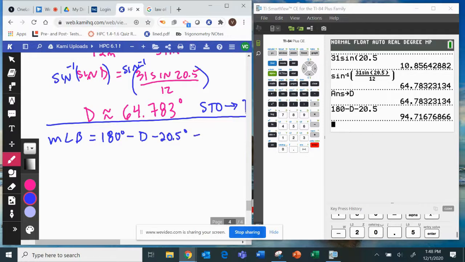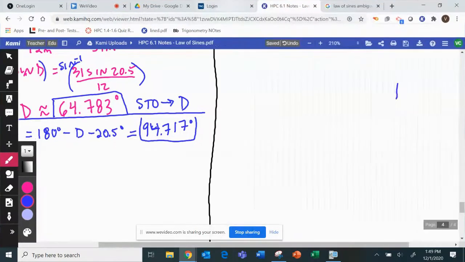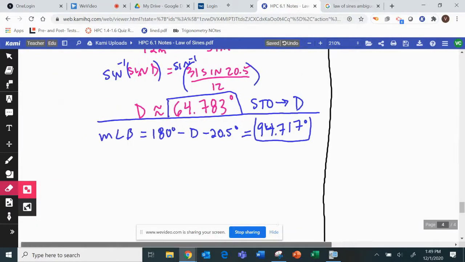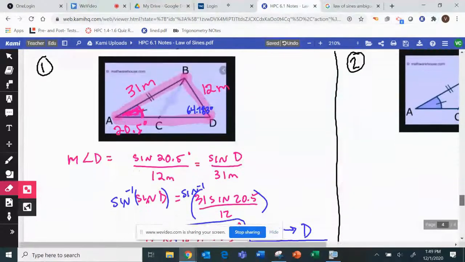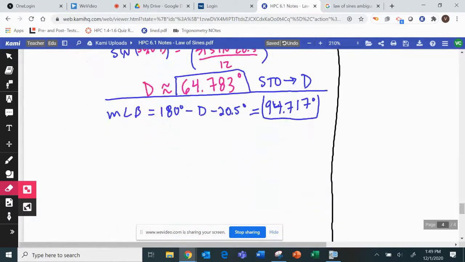And I get the measurement of angle B is 94.717. Is that what you guys got too? Okay. All right. And then we need side AD, which we can call little b in this case.